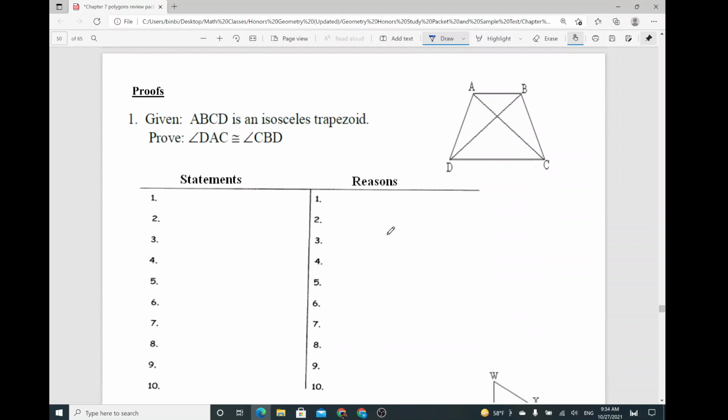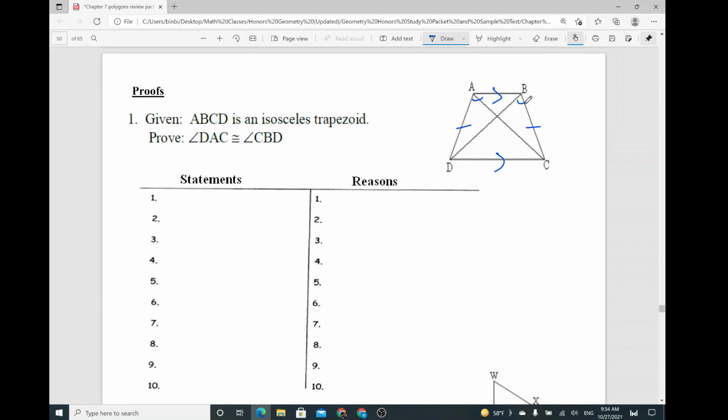So now let's do the proof. Given that ABCD is an isosceles trapezoid, that means the bases are parallel, the legs are congruent, and the diagonals are congruent as well. We want to show that angle DAC is congruent to angle CBD.